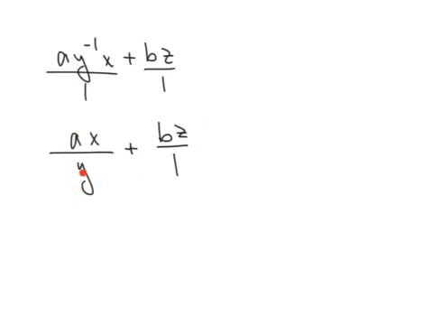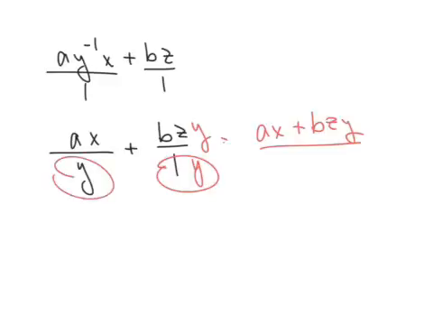What am I missing over here that I have here? A 1. If I put a 1 here and a 1 here, it doesn't do anything, because when you multiply by 1, nothing happens. So I don't even have to put that. But what am I missing here? I'm missing this y. So I'm going to put a y here and a y here, and that gives me ax plus bzy. Now that I have common denominators, I just put it over one denominator being y.